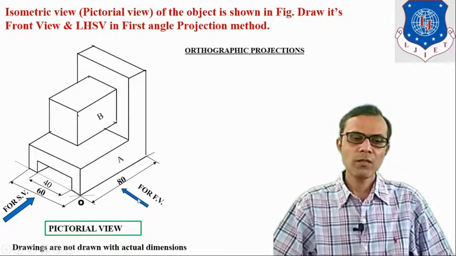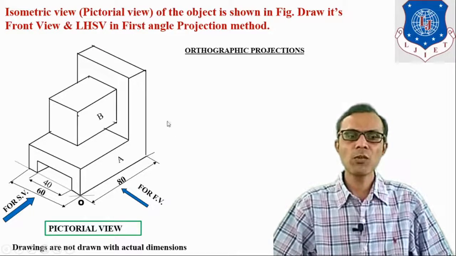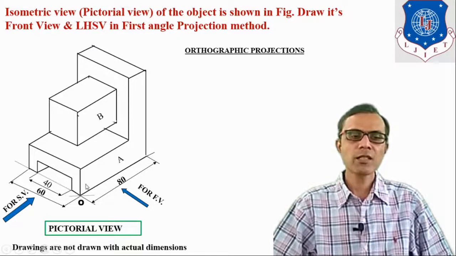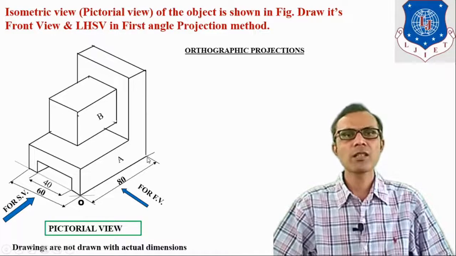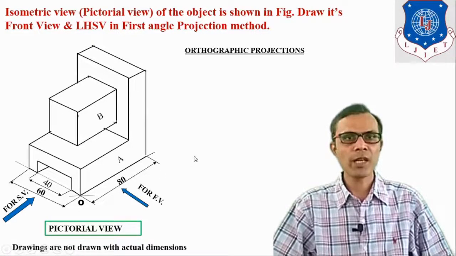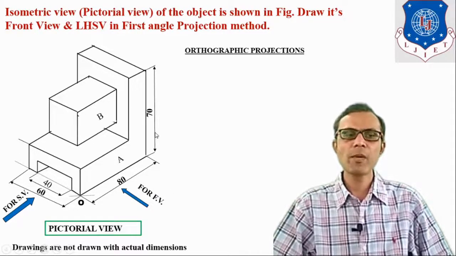See, this axis represents the total length of the object. This axis represents the total width of the object, and this axis represents the total height of the object. Now the height of this object is given as 70 mm.